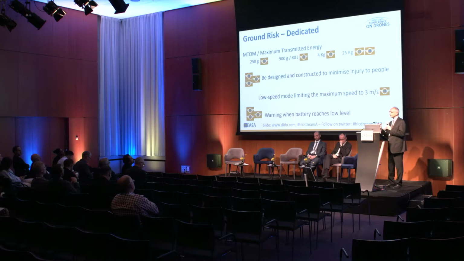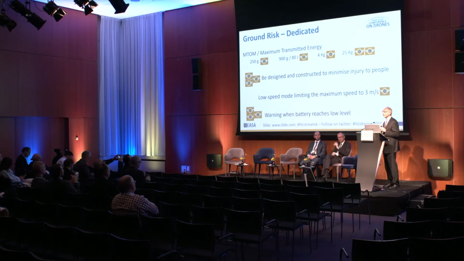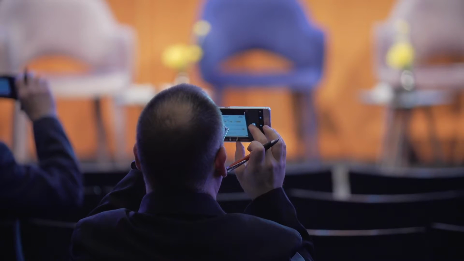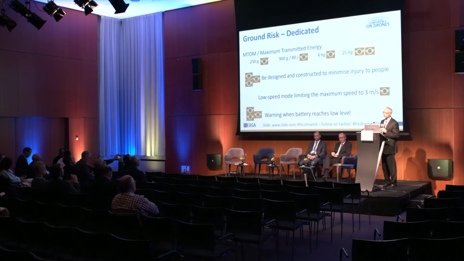So in the presentation we have tried to present the technical requirements, actually the most important ones, showing them if they are more linked to ground risk, to mitigate ground risk, or air risk, or both of them. For every technical requirement, we report the marking of the class of the drone to which that specific technical requirement is applicable.